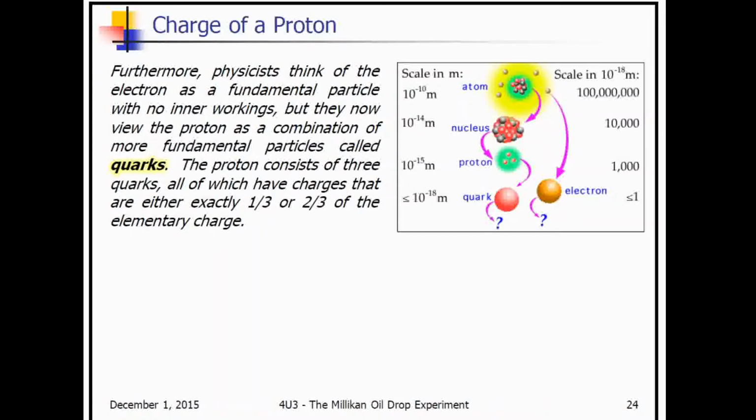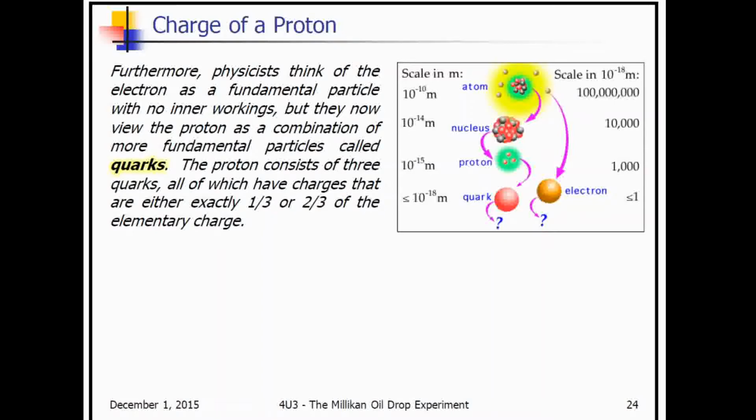And the quarks do not exist on their own, but quarks have charges of 1/3 or 2/3 of the elementary charge. And when they get combined together, they give what they've created, the proton in this case, a total charge that is equal to 1.